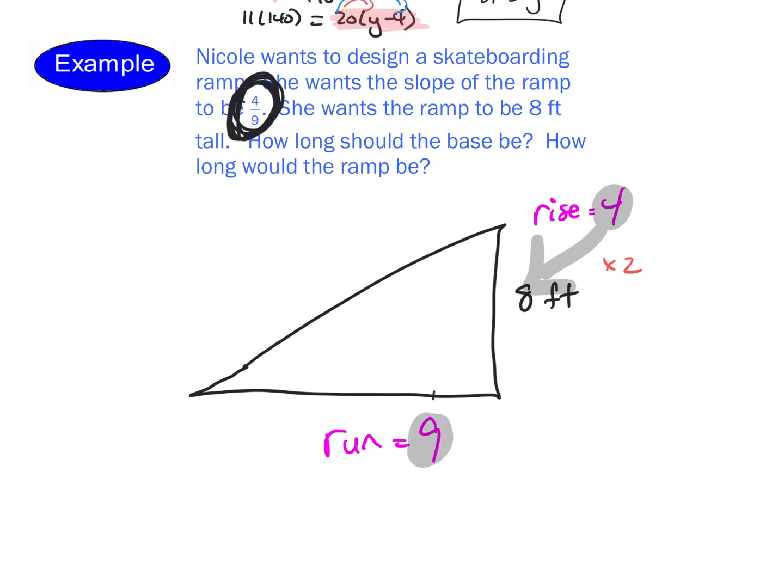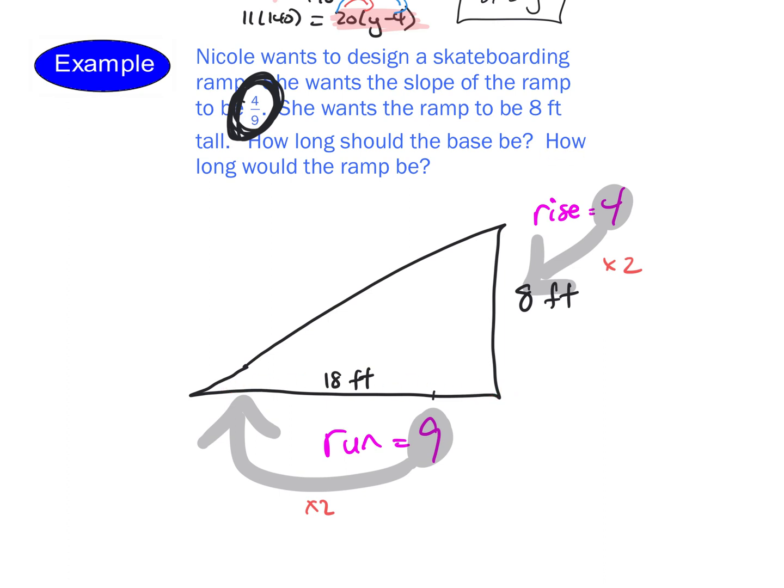We're going to take 9 and we are going to multiply it by 2. What's 9 times 2? Well, it's 18 feet. So 18 feet is how long the base of the ramp is.